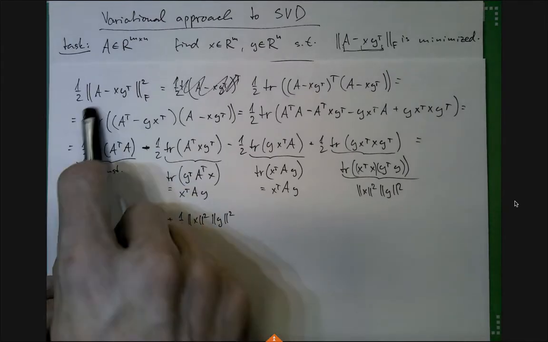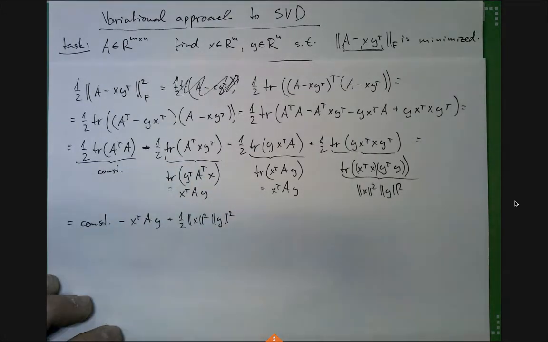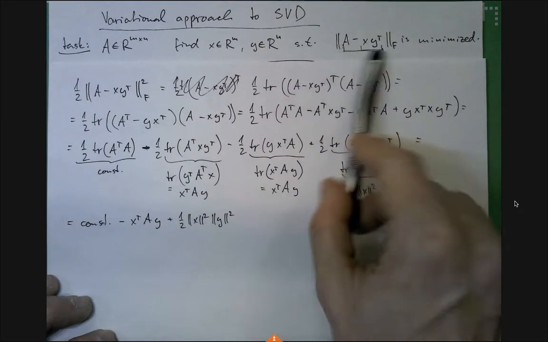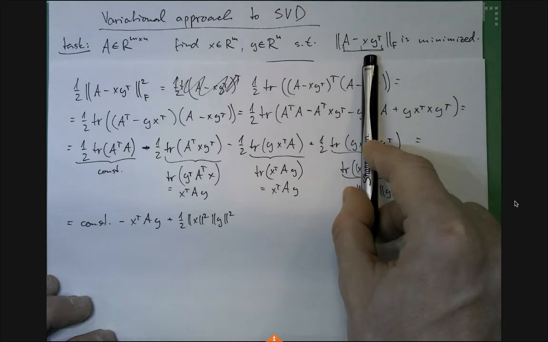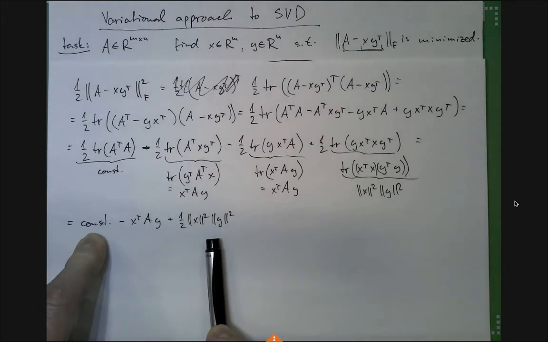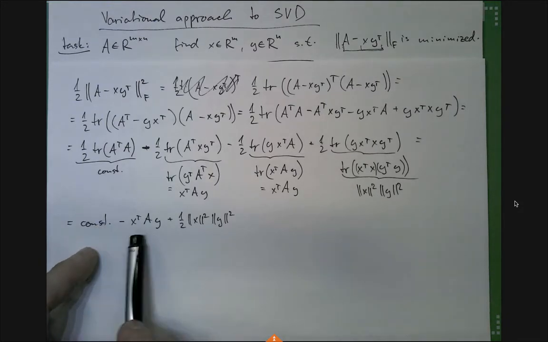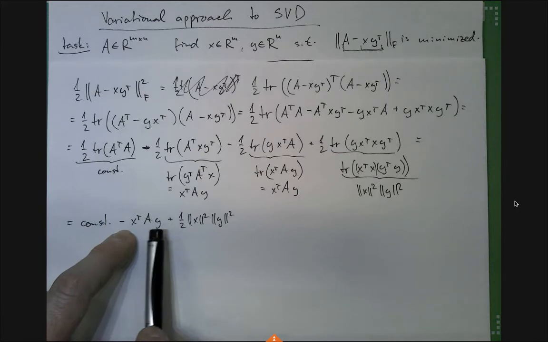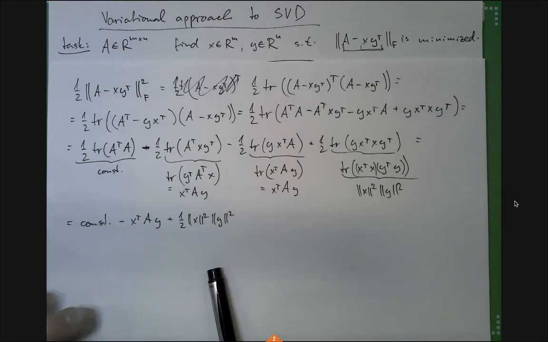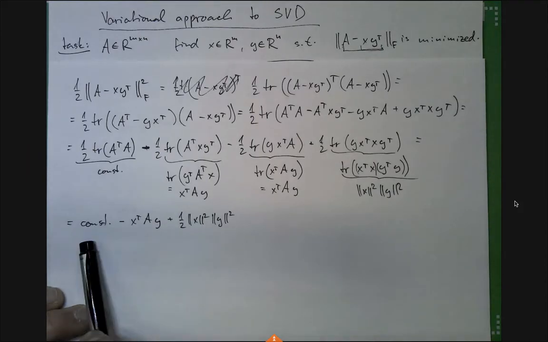Okay, so let's take a step back. What I was doing here is I was just simplifying this objective, this thing we are minimizing here, okay? And I converted it to this form. So there is some constant which doesn't bother us as far as the optimization is concerned, because of course the only thing that matters are the terms that depend on x and y, okay? And I want to be minimizing this function.